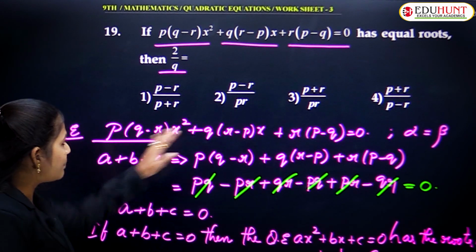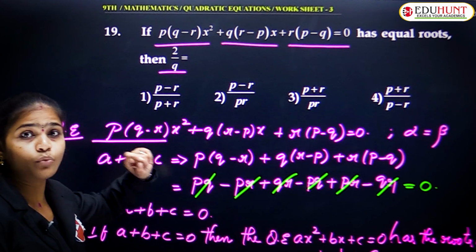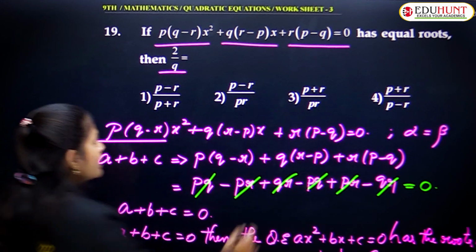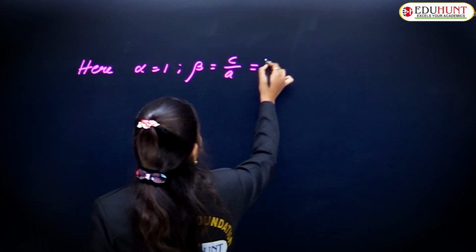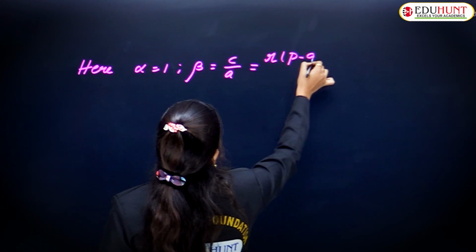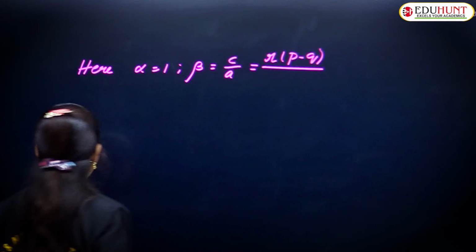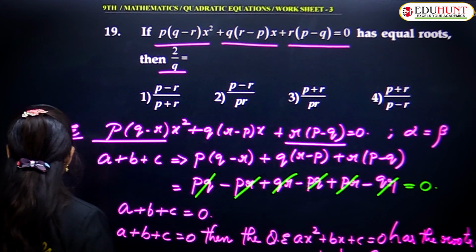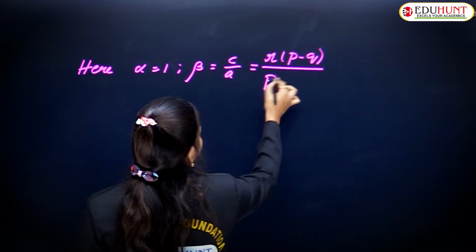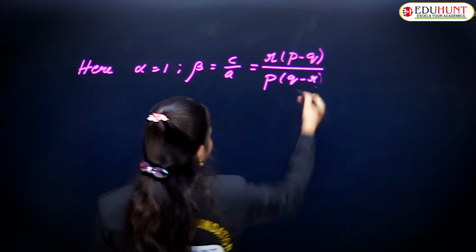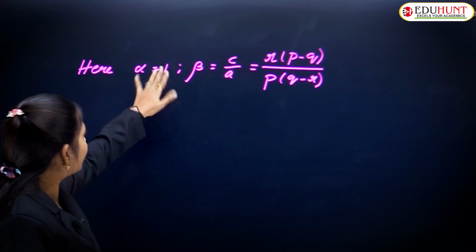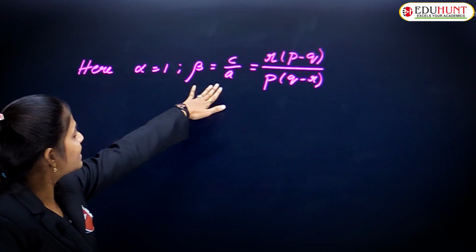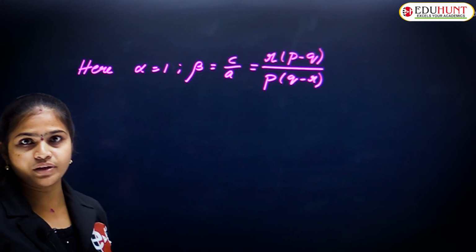From this given quadratic equation, what is the value of c? c is equal to r into p minus q. So beta is r into p minus q by a, where a is p into q minus r. So here we got two values: alpha is equal to 1, and beta is equal to c by a.